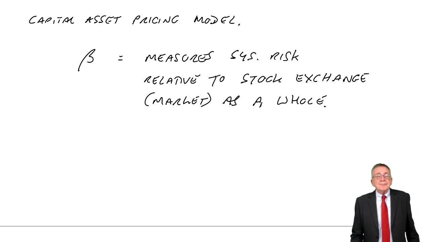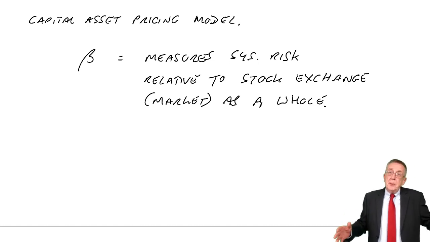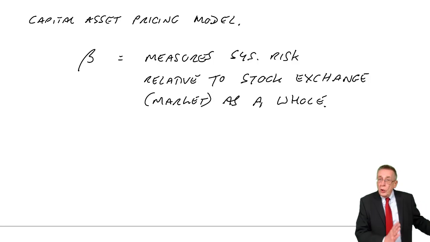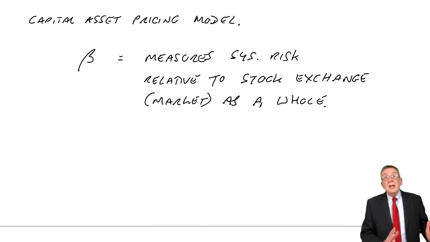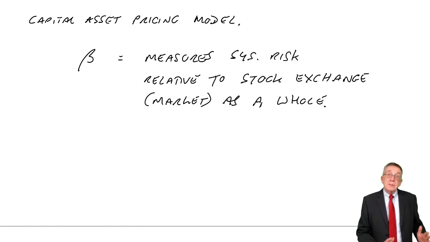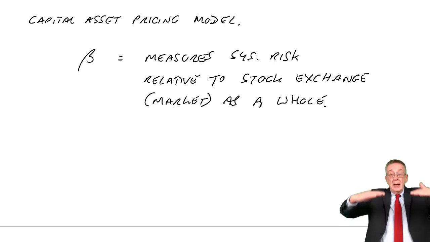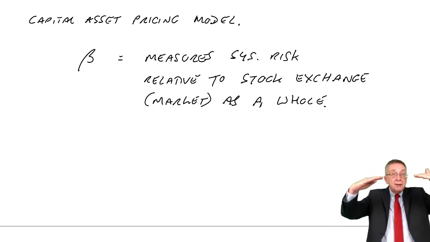Now think about this. I've already said systematic risk changes in the economy. So as, for example, exchange rates change, all businesses are affected, but some businesses are affected more than others. If they import-export a lot, their profits and therefore their share price will go up and down a lot.